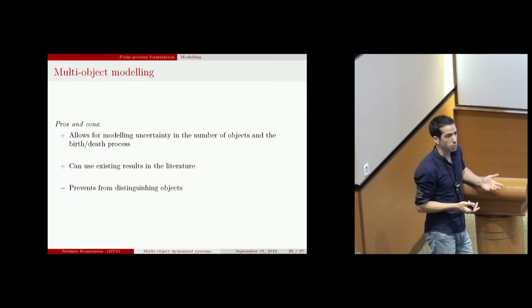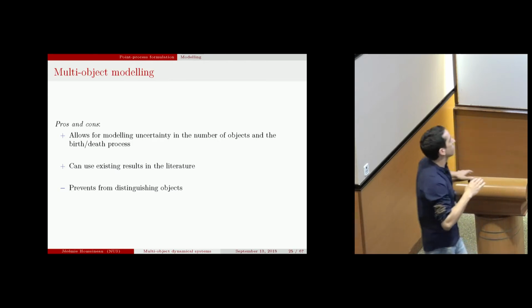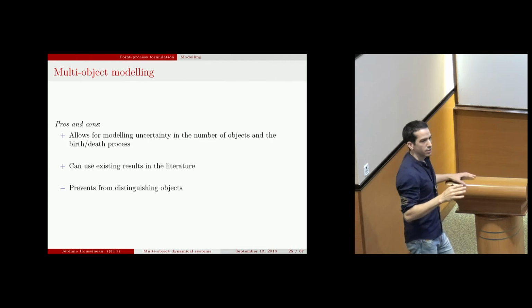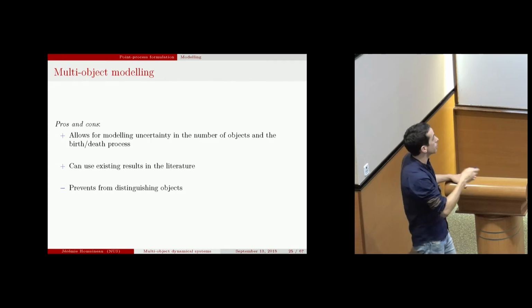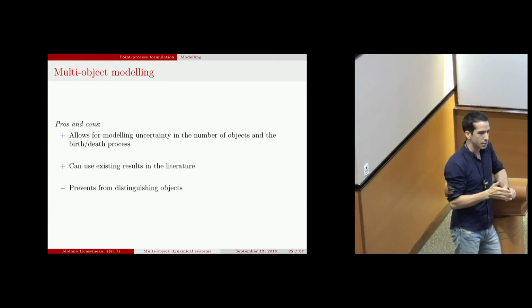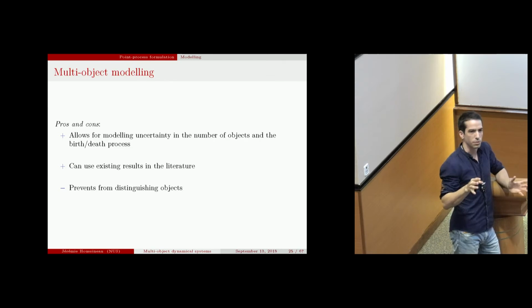There's been a lot of research on point processes, so we can use a lot of results. We don't have to build everything from scratch. But at least in its basic form, you lose something: distinguishability. At one time step, maybe you have some inference that tells you there's an object here, and you want to know where it was before.